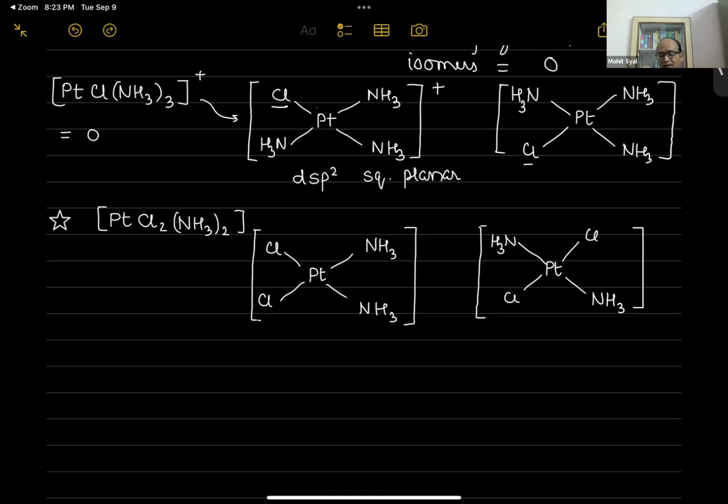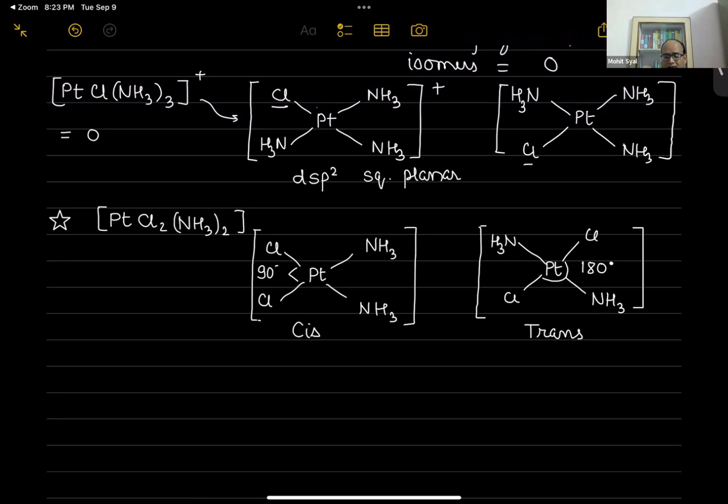In this case it is the 90-degree bond angle, and in that case they are exactly opposite, meaning 180 degrees. So that is going to be the trans, and this is going to be the cis. We have discussed that cisplatin is used for the treatment of cancer. So I hope this is clear to all of you.